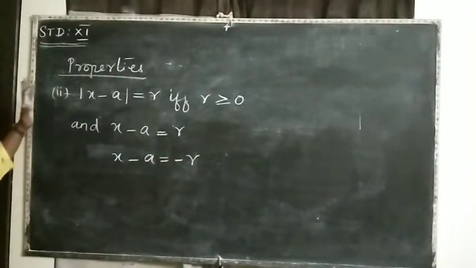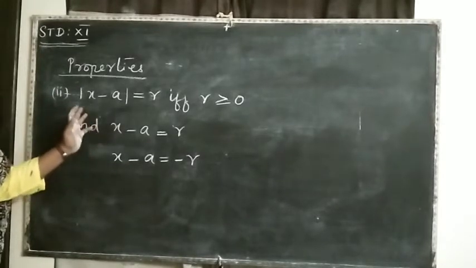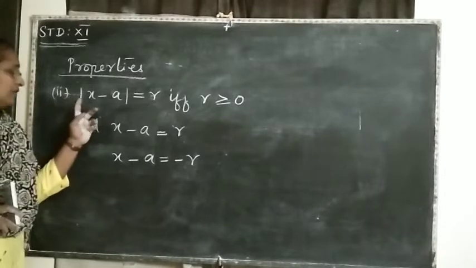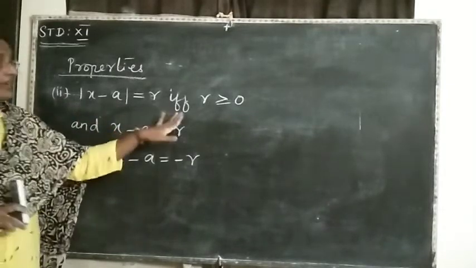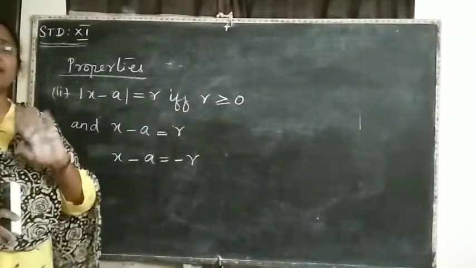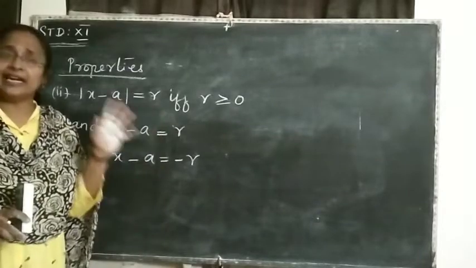Look, this is a very important property. We'll be doing sums based on this property too. Modulus of x minus a will be equal to r if and only if. Already I told you, in an if and only if condition, both the conditions must hold simultaneously.